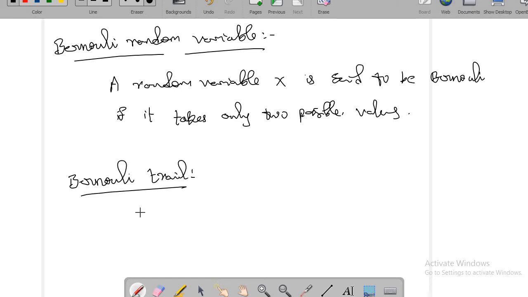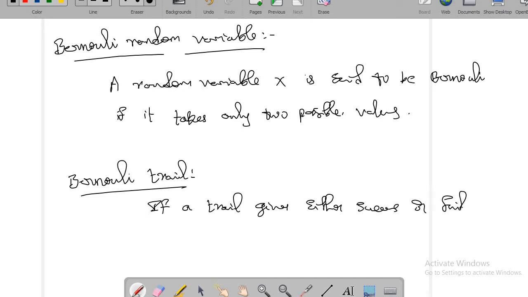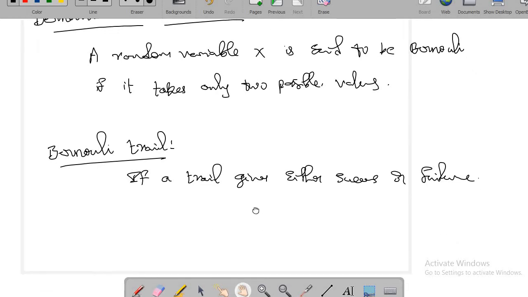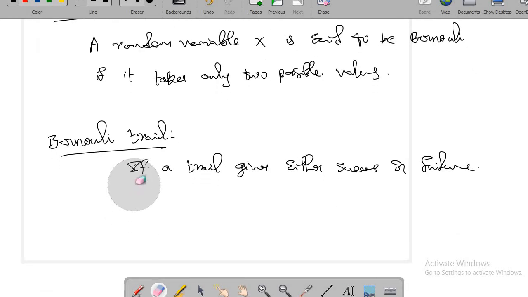So we call a trial a Bernoulli trial when it has only success or failure. So Bernoulli trial: if a trial gives either success or failure, we say a trial is a Bernoulli trial if it gives either a success or a failure.